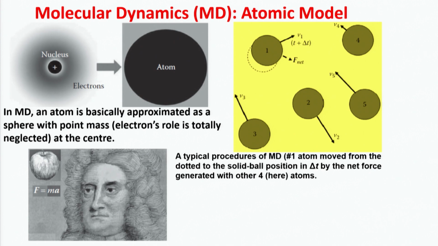At the same time, we may give some charge. So in MD, an atom is basically approximated as a sphere with point mass, and the electron's role is totally neglected. If we neglect the electrons, we cannot get electronic properties from molecular dynamics. That means we don't get reactivity, or we cannot get band gaps and all these things.